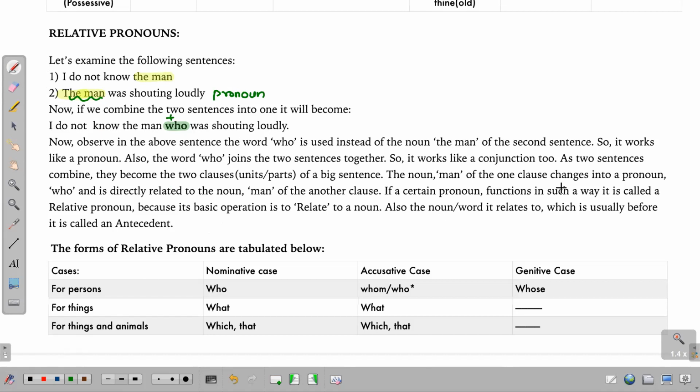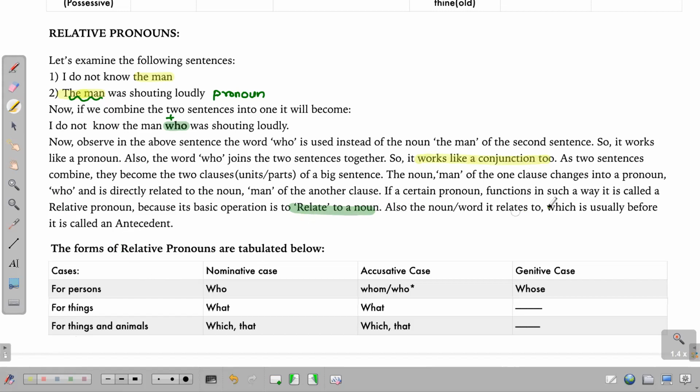So here in this sentence, who also acts like a pronoun and also adds another phrase or clause, and therefore any word that acts like this, which helps you relate to a noun and which also adds another phrase or clause or sentence, is called a relative pronoun. So it also acts like a conjunction.